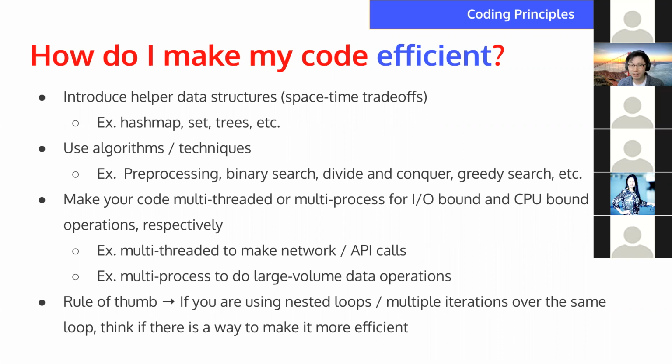For example, even with this search problem, as we said, if we're looking for a value, that was O(n), because we have to iterate through each element in the array. But if the array has already been given to you pre-sorted, you could actually do this in O(log n) time, and log n is faster than O(n), right?